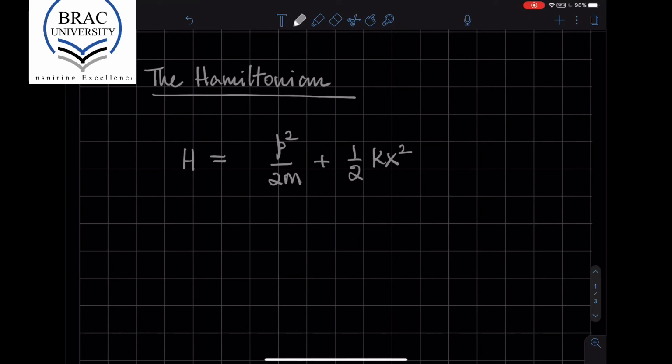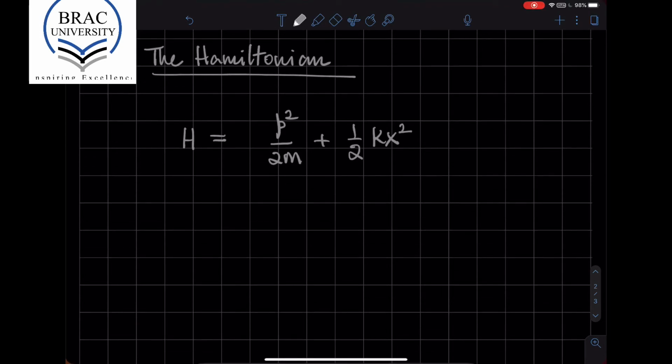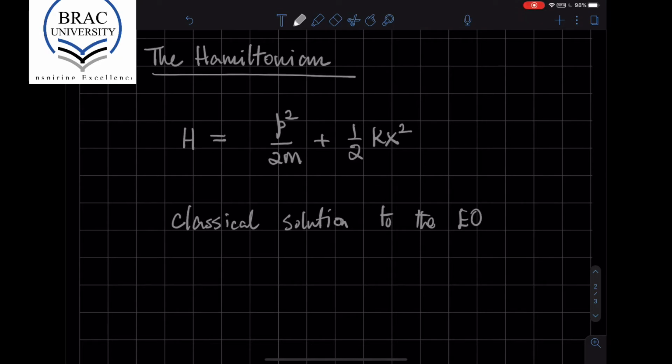Let's spend a minute on the classical solution. We all know what the classical solution to the equation of motion is, but let me remind you what the equation of motion is.